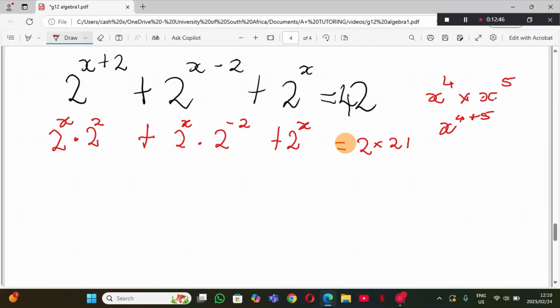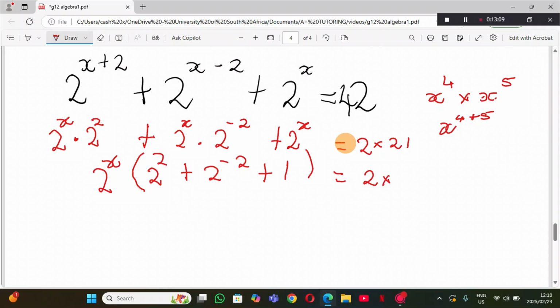So now what we do is we take out 2 to the power of x, because 2 to the power of x is the common one, right? In every term here we have 2 to the power of x. So we take it out, and then what remains here is 2 to the power of 2, plus what remains here is 2 to the power of negative 2, and what remains here is nothing, meaning it's a 1. Okay, and then we have our 2 times 21 for now.